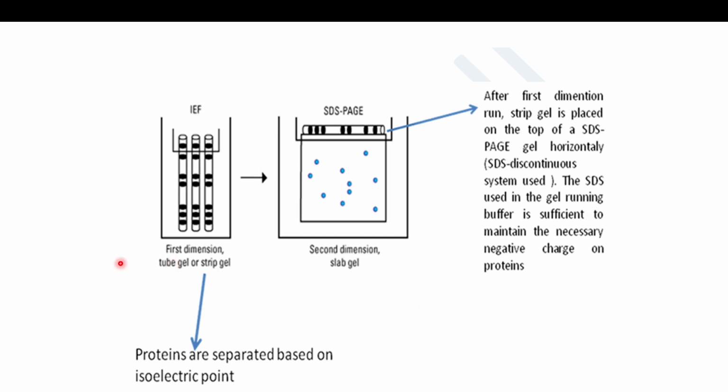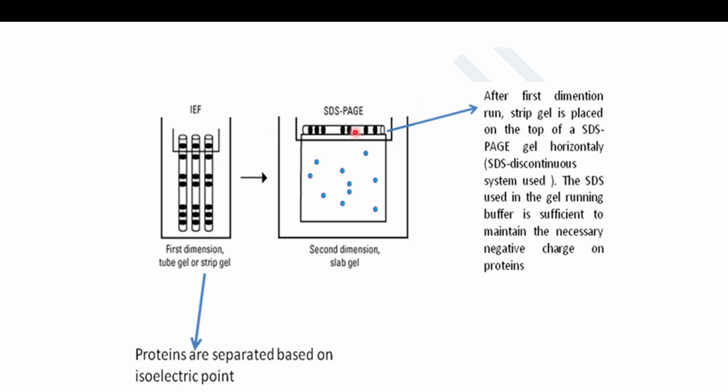So this is basically the first dimension, where there are strips on which you load your sample and let it run. Then this particular strip is taken, and instead of the stacking gel, in the same apparatus used for SDS PAGE electrophoresis you have the resolving gel, and you place this strip from the first dimension on top horizontally.